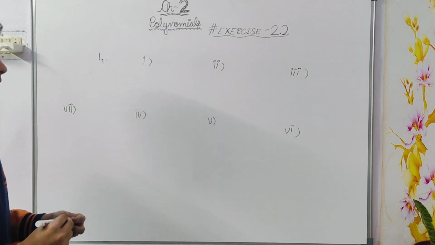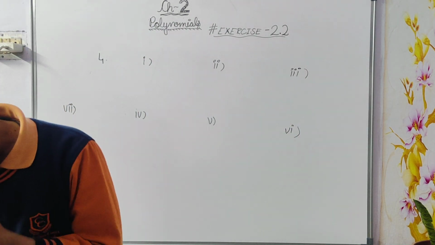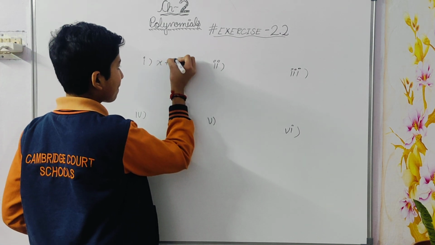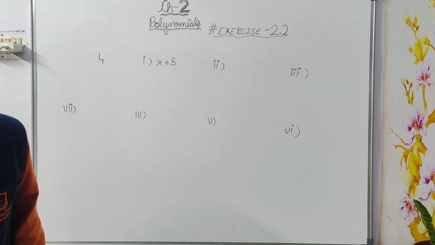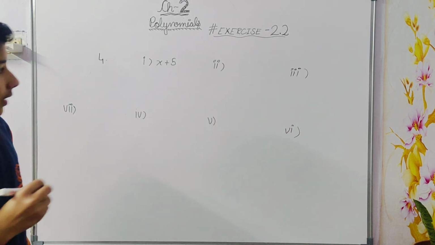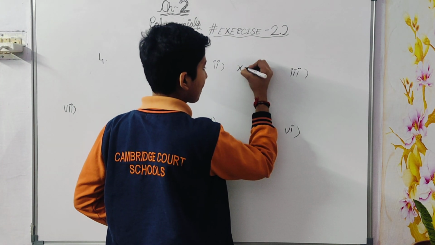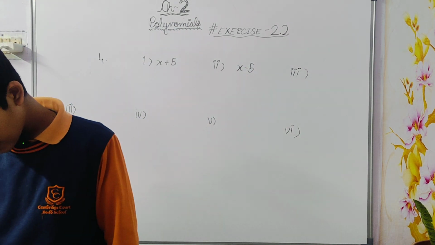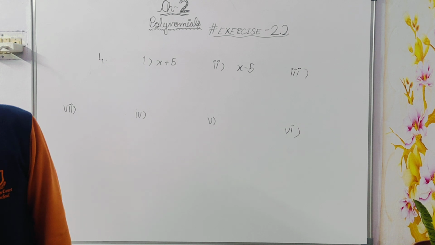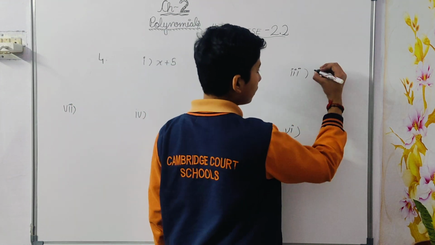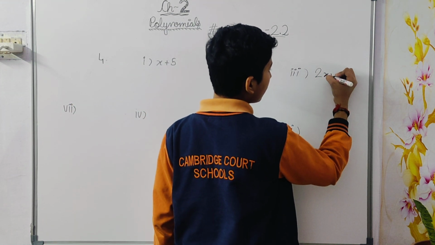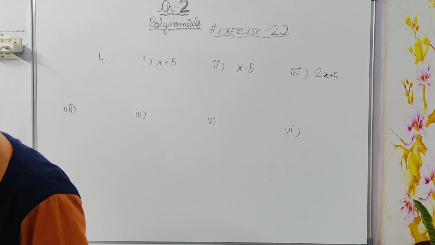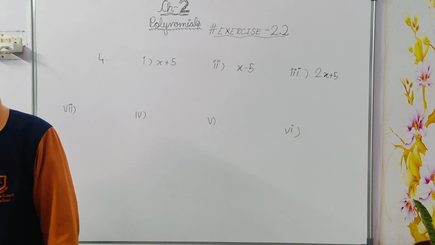Yes, so total 7 we can do at the same time. So first one is x plus 5. Second one, x minus 5. Third one, 2x plus 5. Fourth one, 3x minus 2. Fifth, 3x.